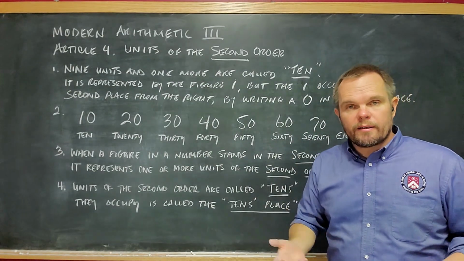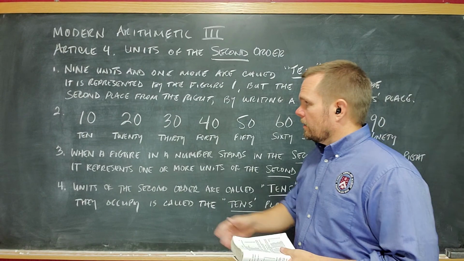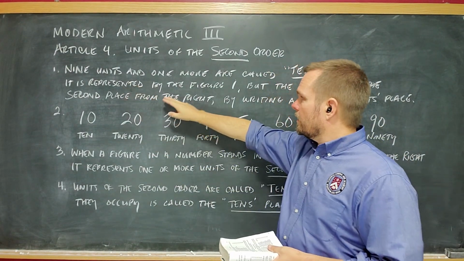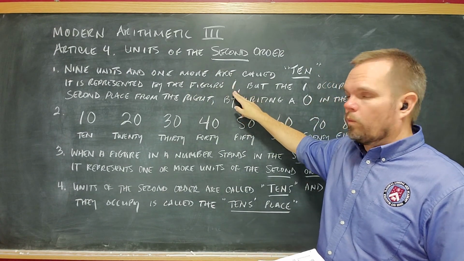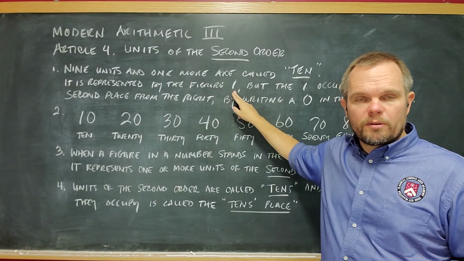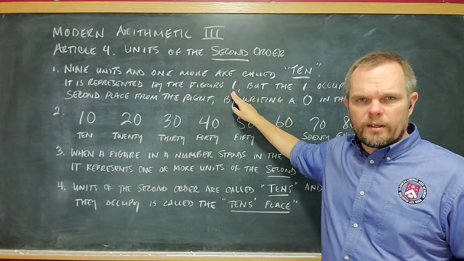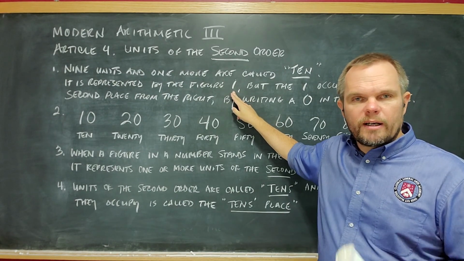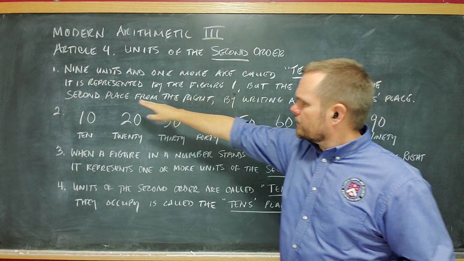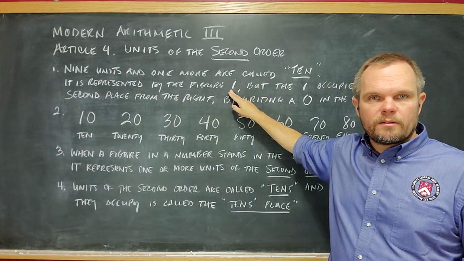How do we write the number 10 in Arabic notation? The number 10 is represented by the figure 1. But how can we write the number 10 with the figure 1 if the figure 1 signifies 1 unit? It says the number 10 is represented by the figure 1.